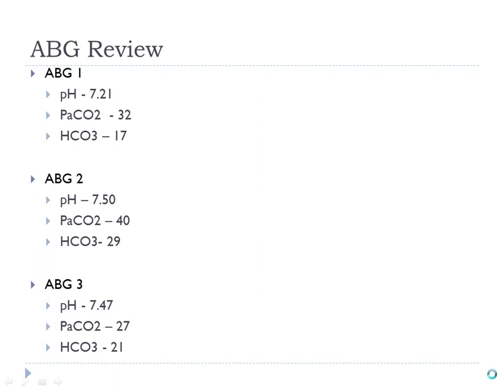Right. So let's just go through some of these. On ABG1, what is this ABG's first name? Uncompensated. Why? The pH is abnormal. Right? What's the ABG's last name? Acidosis. Why? pH is low. Right?